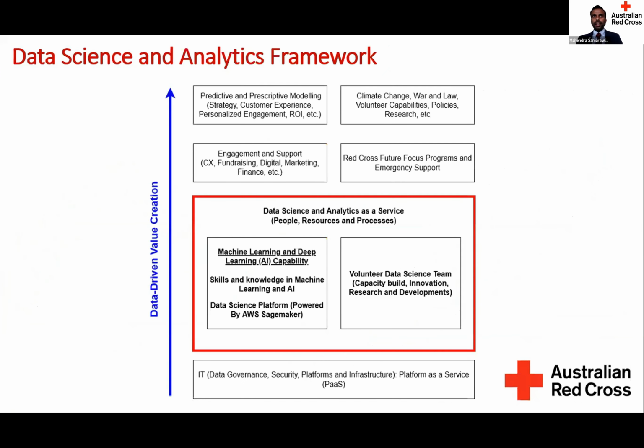Now, as a data analyst, let's assume you are going into an organization. From the organization's perspective, you need to be aware a little bit of the infrastructure and what the data scientist means to a business. This shows the Red Cross data science strategy and the team aligning with IT and the business.